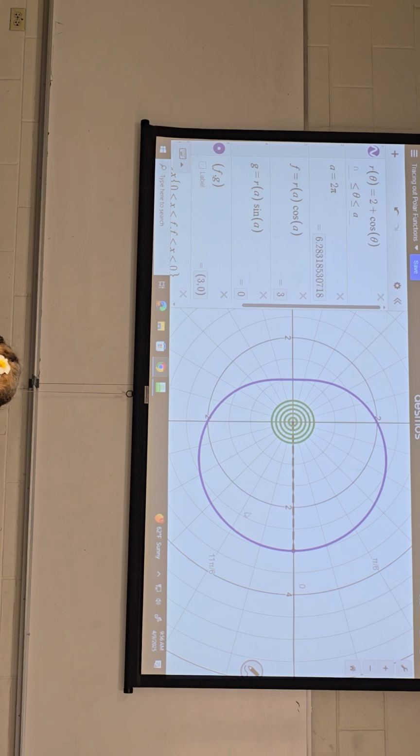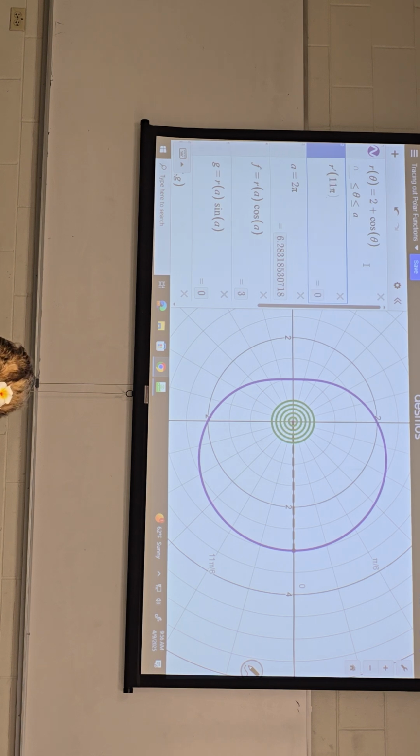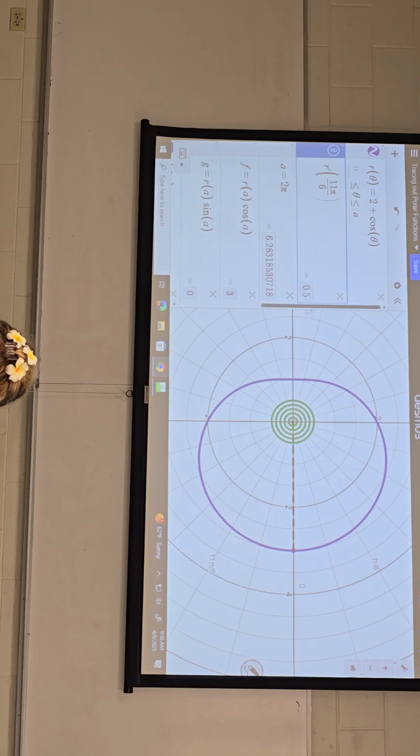If you can't really tell if the radius is increasing or decreasing, I'm looking at this gap here. Because this gap is getting smaller and smaller, I know that the radius is growing. So that means dr d theta has what kind of sign? Positive. So r prime of 11 pi over 6 should be positive, check. How is the x coordinate changing? Positive. And the y coordinate? Positive.